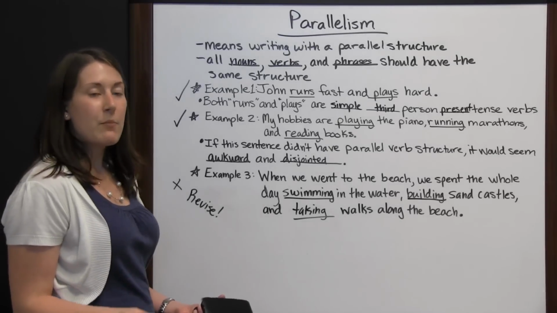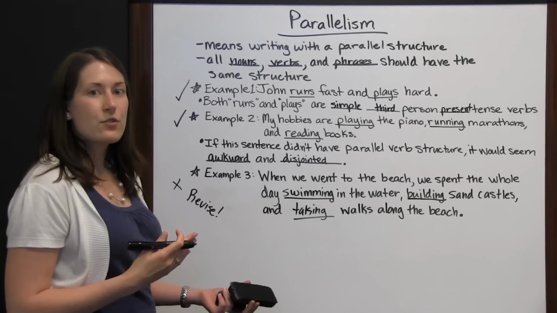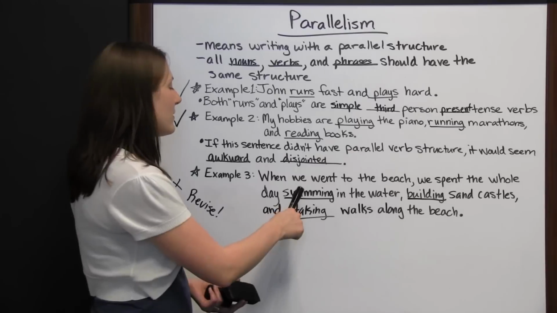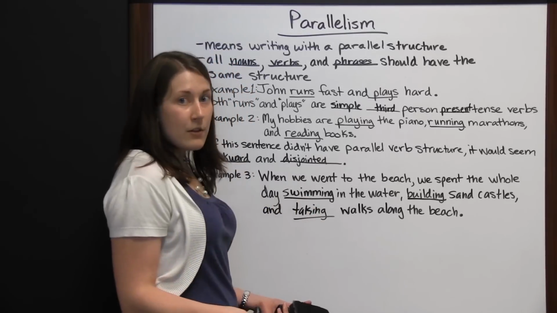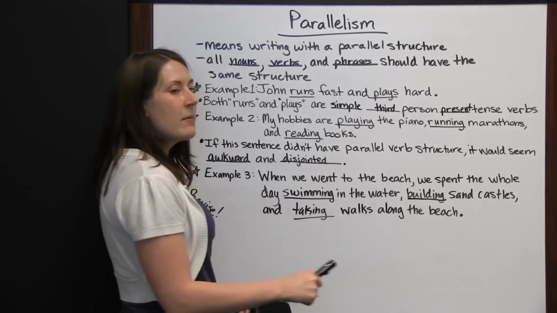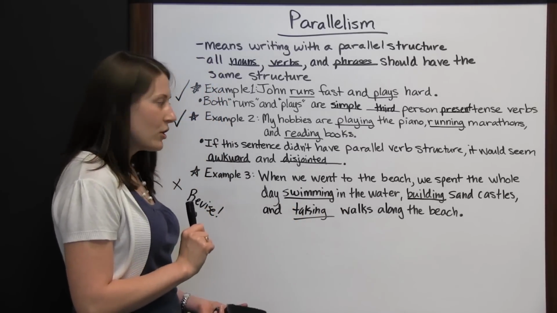Now, that isn't the only way. Let's look at another way, because whenever you're trying to find parallel structure, you don't necessarily have to make it all match the first verb that you come to or the first noun that you come to. You just have to make them all have the same structure.